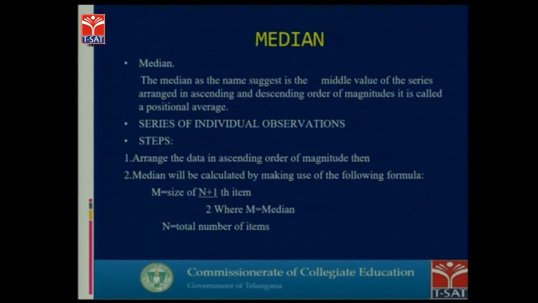And according to Professor L.R. Connor, median is that value which will divide the distribution into two groups, where one part will consist of higher values and the second will consist of lower values.